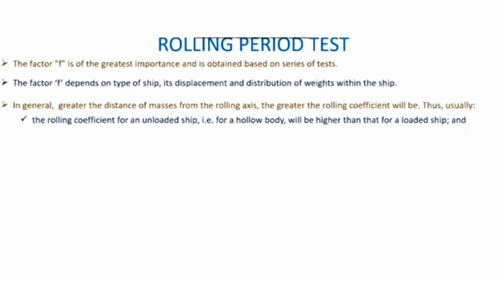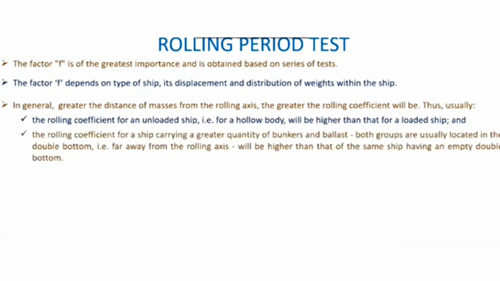Therefore, the rolling coefficient will be relatively lesser. So the rolling coefficient of an unloaded ship will be higher than for a loaded ship. And the rolling coefficient of a ship carrying a greater quantity of bunkers and ballast, both of which are located in the DB away from the axis, will be higher than that of the same ship having empty DB tanks.